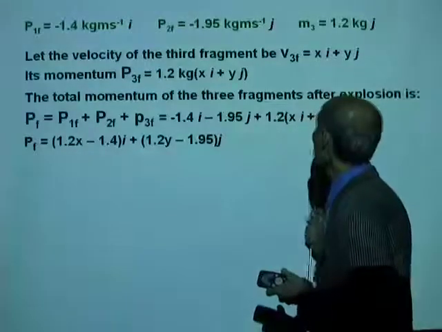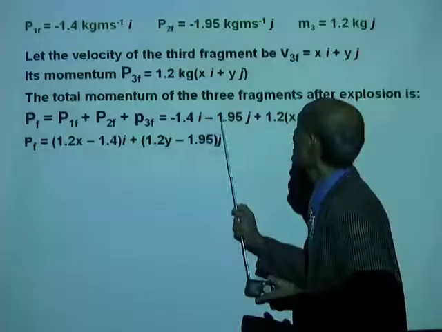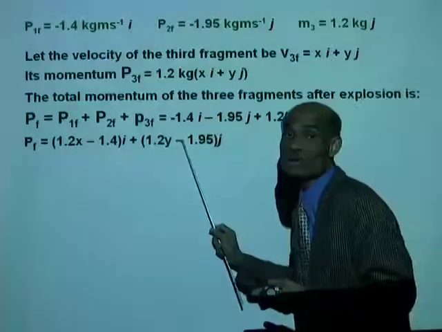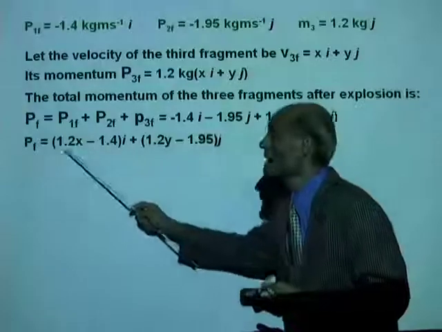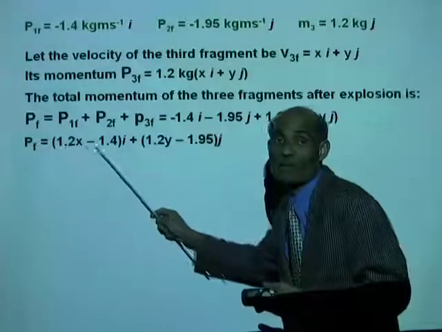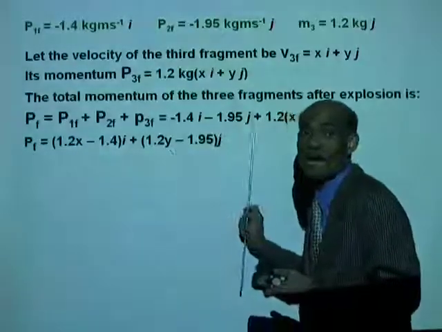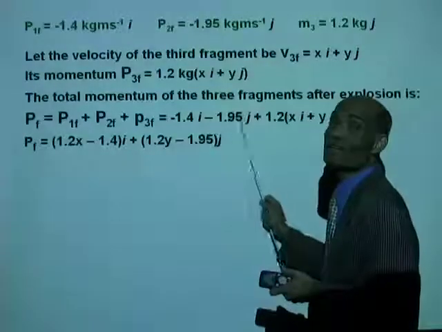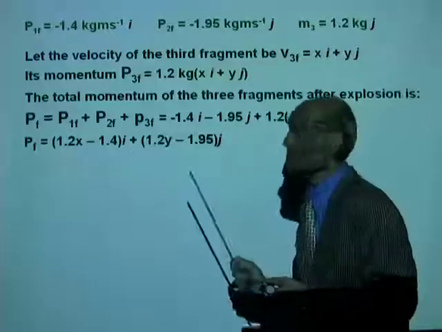That would be 1.2y minus 1.95 j. This is the most important step here. The final momentum in the component form. We added the x components of all this and then the y components to obtain this.